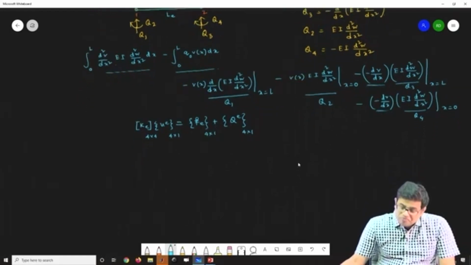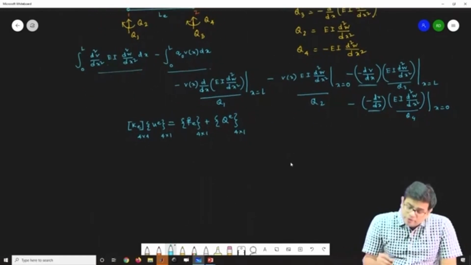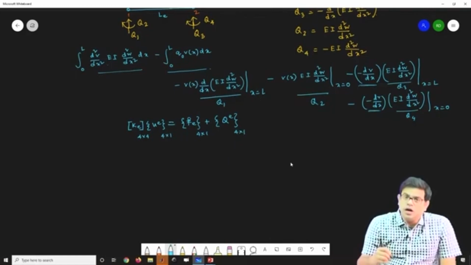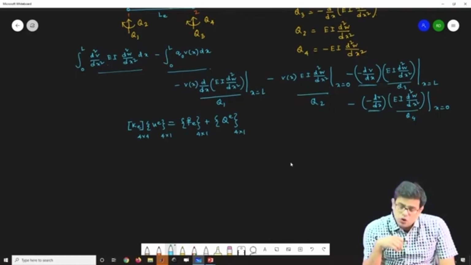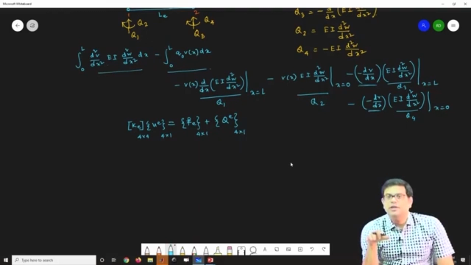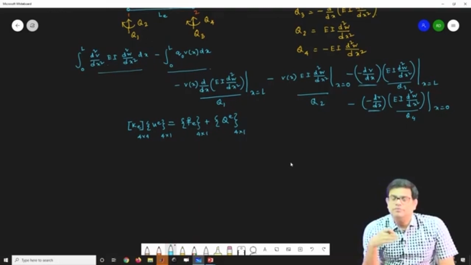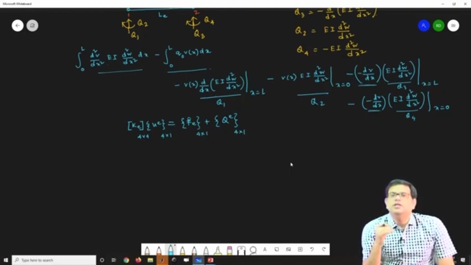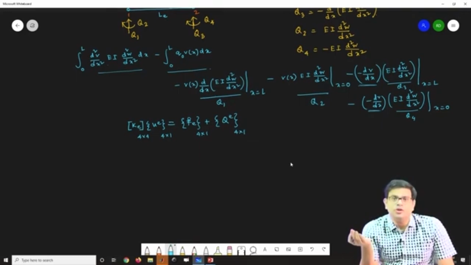Before I directly go to the shape functions, what is our requirement? We need an interpolation for the slope as well as displacement, which we cannot have from the standard Lagrange polynomial.